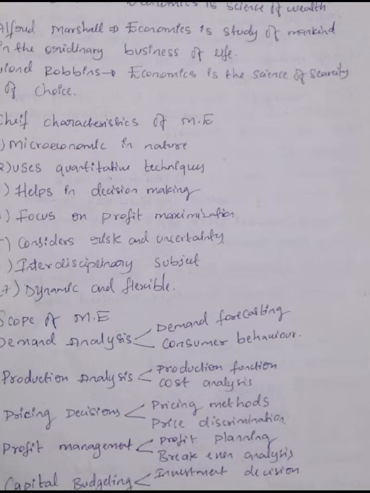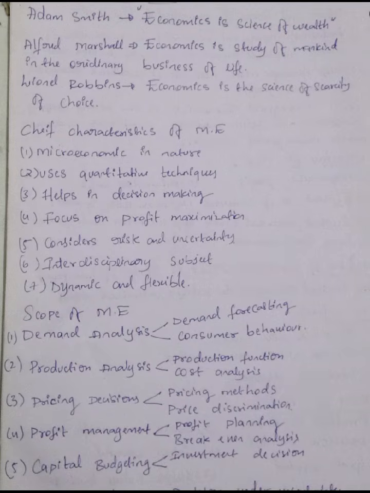You already know the definition of economics; we have been learning this since plus 2, yes or no? Adam Smith gave a definition: economics is a science of wealth. Alfred Marshall said economics is a study of mankind in the ordinary business of life.